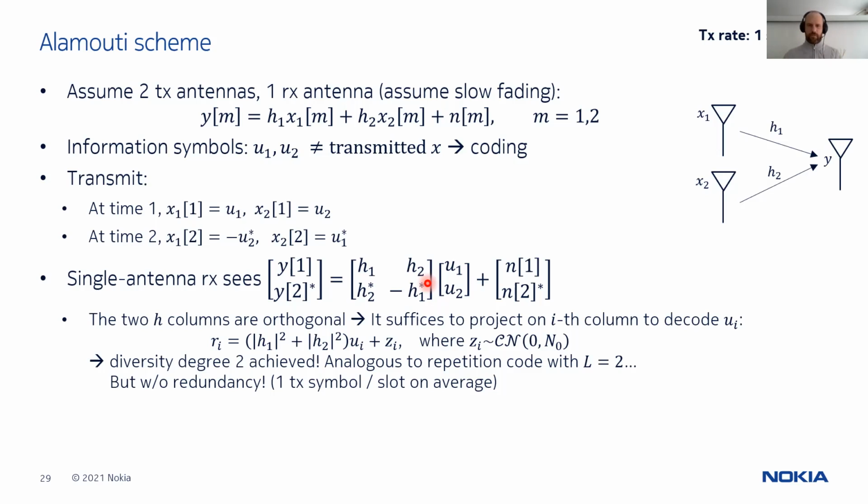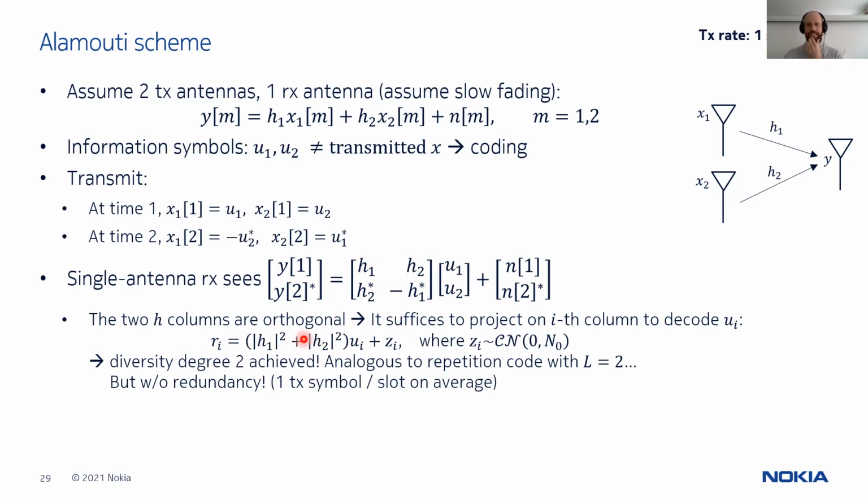The great advantage is that U1 is as if it went through 2 realizations of the channel, because you see U1 over H1 and H2. When you take the product, you get the absolute value to the power 2.